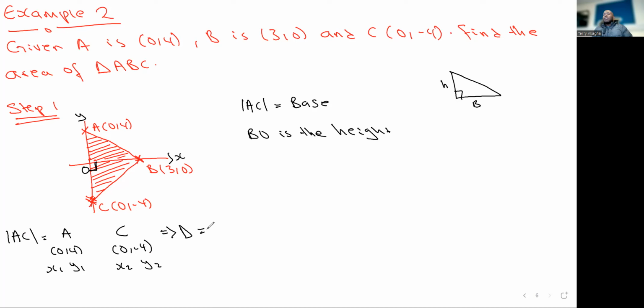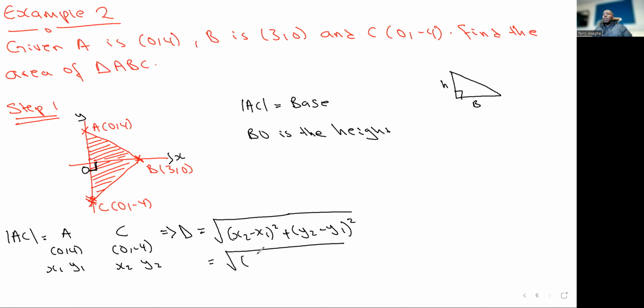The distance is equal to the square root of (x2 minus x1) squared plus (y2 minus y1) squared. That gives us the square root of (0 minus 0) squared plus (-4 minus 4) squared, so our AC, which is the base, will be equal to 8.